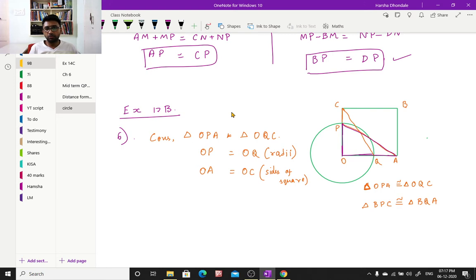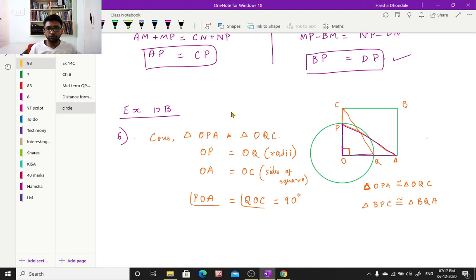And then, because it is a square, this will be 90 degrees. So I can write, angle POA is equal to angle QOC equals 90 degrees. It's given, it's a square.